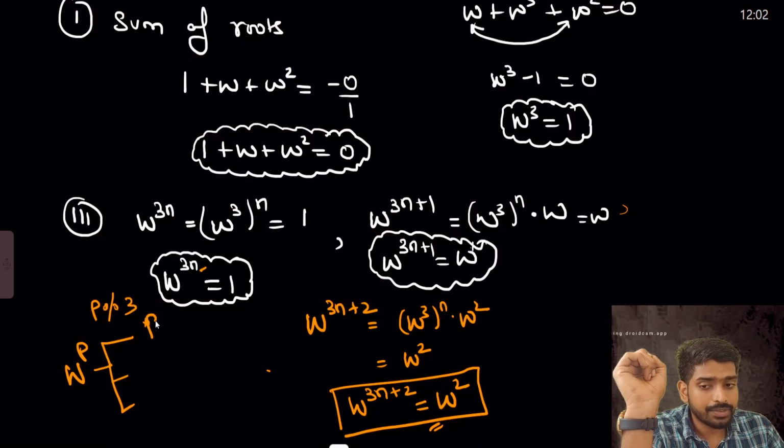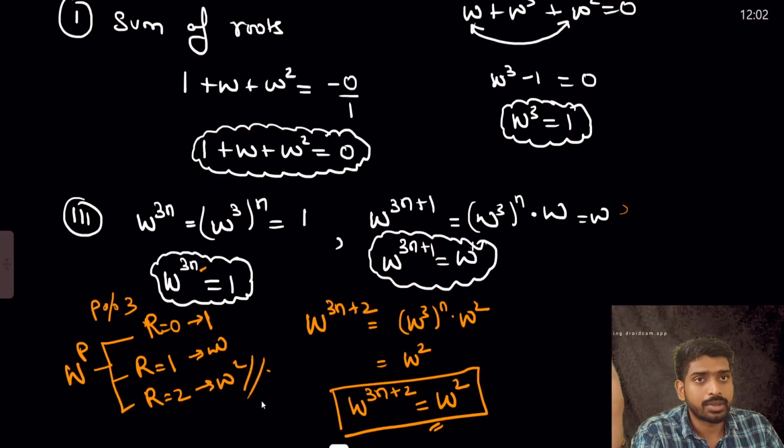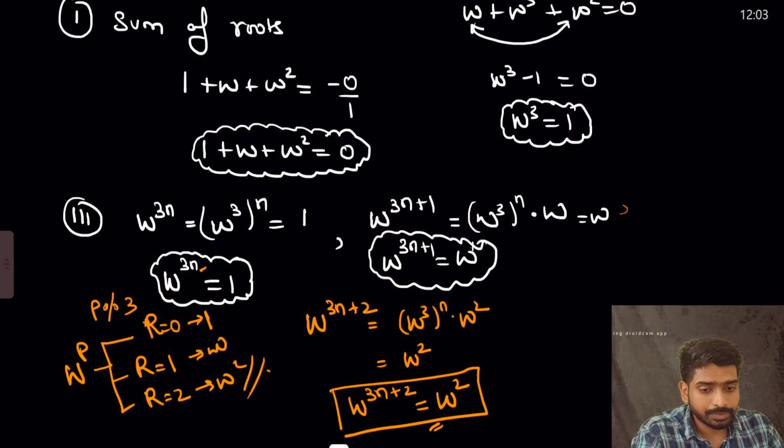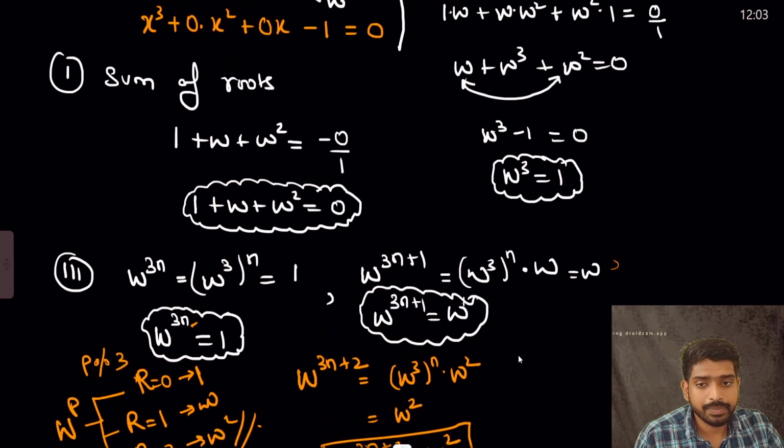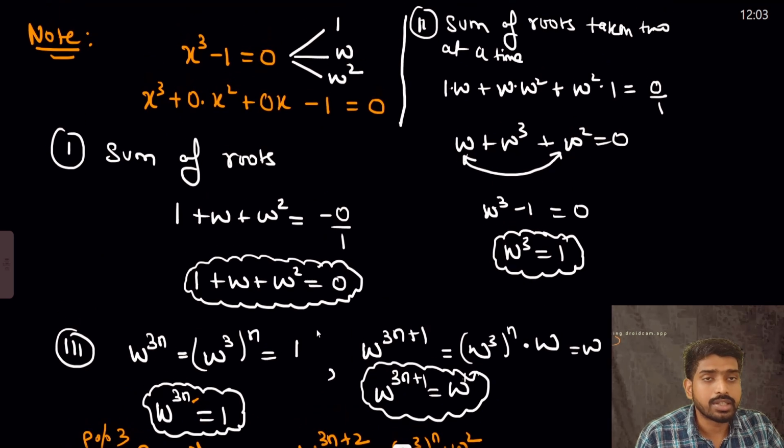After dividing, if the remainder is 0, that means the answer will become 1. If the remainder is 1, then the answer will be omega; if the remainder is 2, then the answer will be omega square. Understood. We saw a total of 3 points: 1 plus omega plus omega square is nothing but 0.